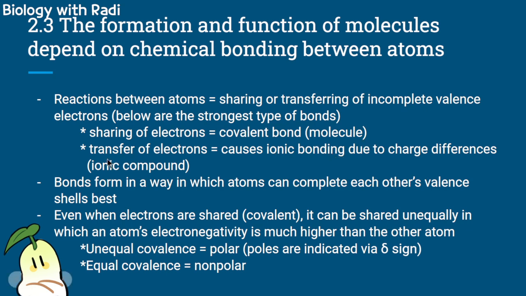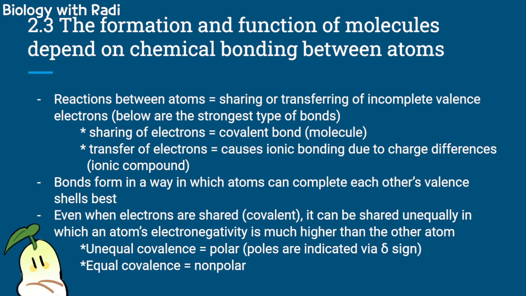Next is when you transfer electrons. An atom gives away an electron or takes an electron from another atom. This causes ionic bonding due to charge differences, because now the atom that gave away one of its electrons is going to have a +1 charge, for example, and the atom that took the electron has one more electron.